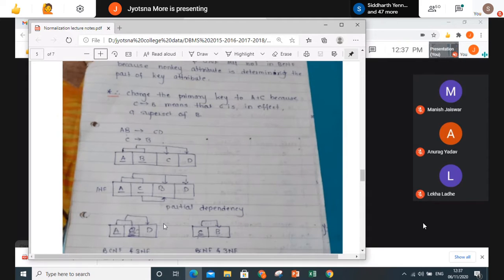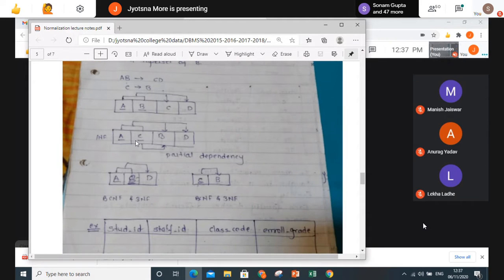So what I will do, consider primary key in one relation. So I will have A, here it is C, okay? By mistake I wrote B, that is now C because C is my primary key. AC, and I will take D over there. And second, I will have C determine B separately, where C is my primary key, okay?